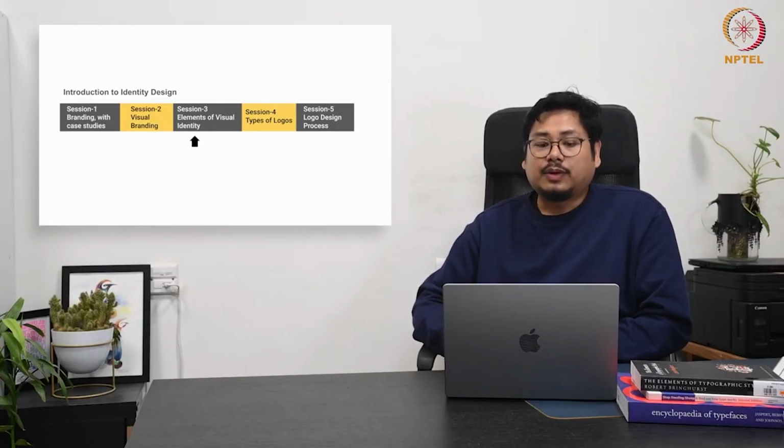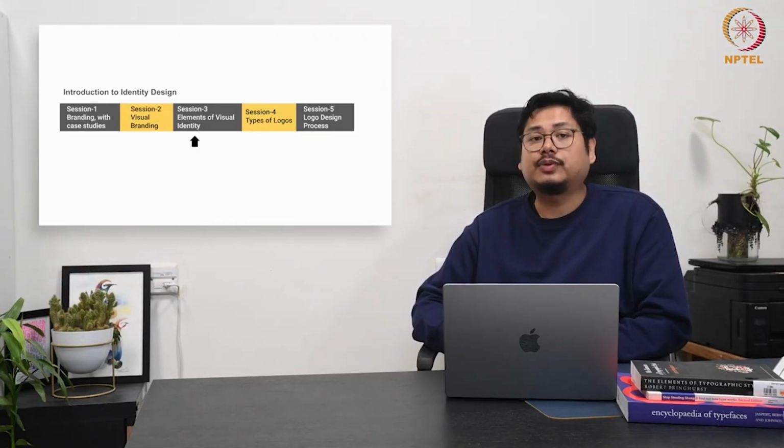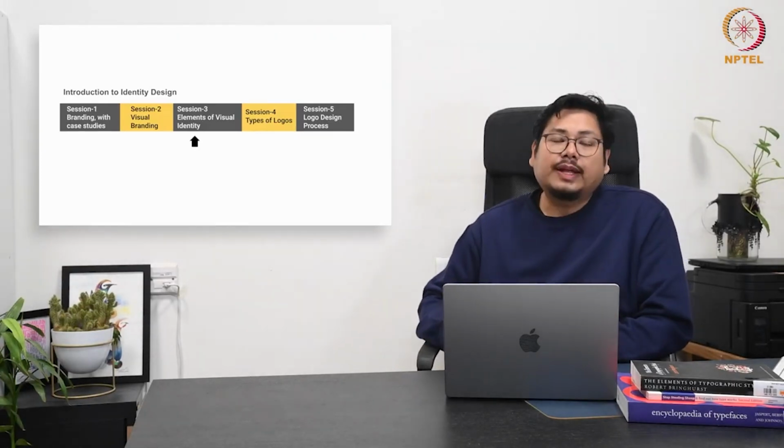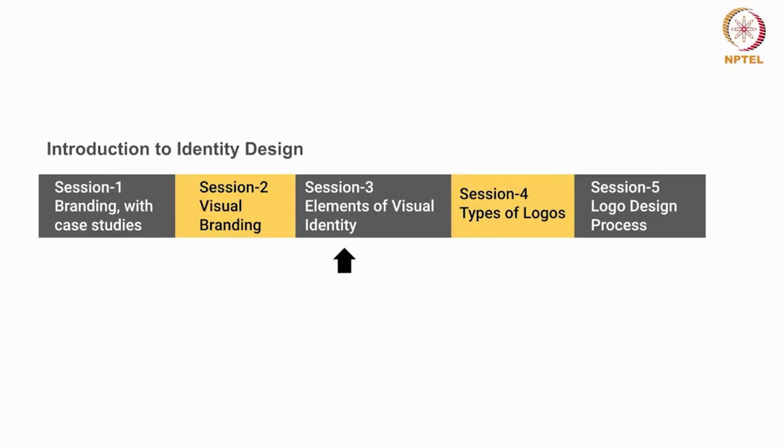This is where we will primarily focus in this discussion: how those things can be observed and taken into consideration. We'll go through multiple cases where brands have utilized their own elements to project their essence, and we will see what the key elements associated with visual branding are.